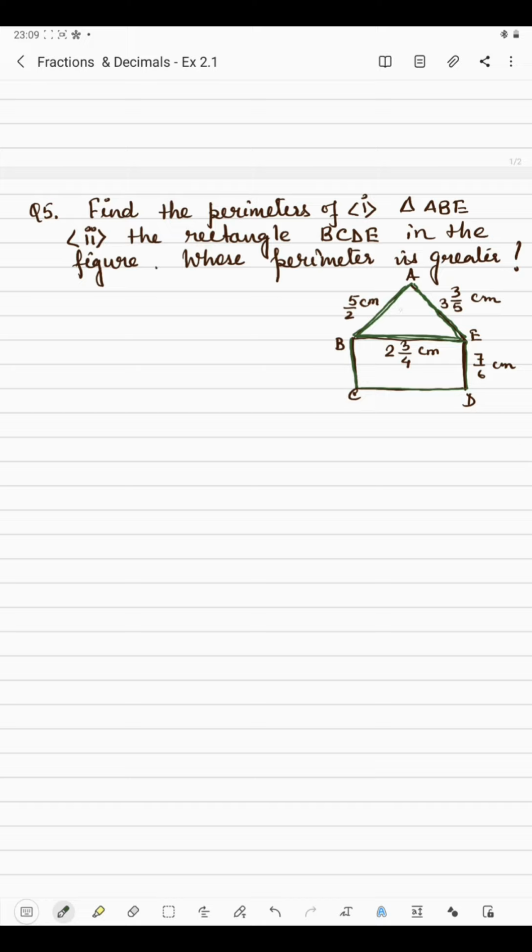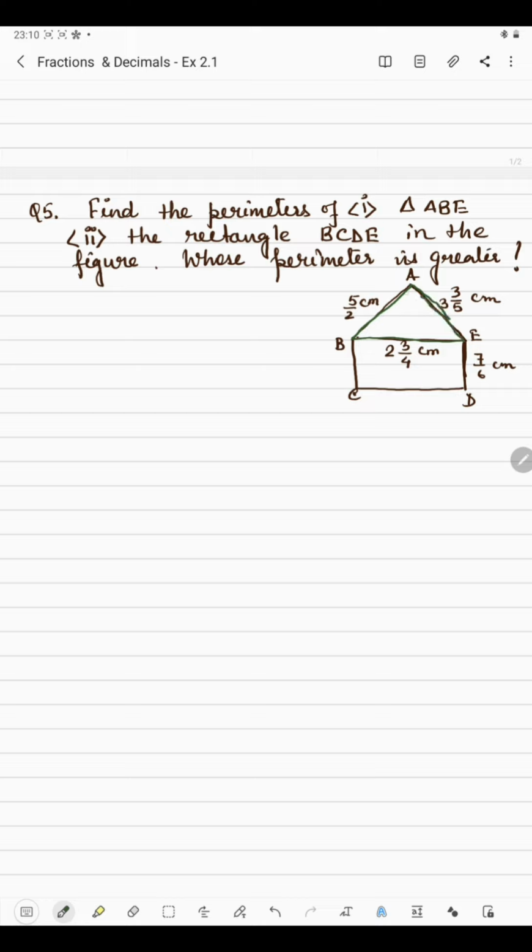Now see, to find the perimeter of a triangle, we know how to find the perimeter of a triangle. Now in the next question we have to find the perimeters of number 1, triangle ABE, means if you see the figure, this is the triangle A, B and E. So we will have to find the perimeter of this.